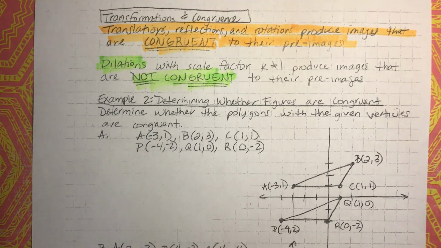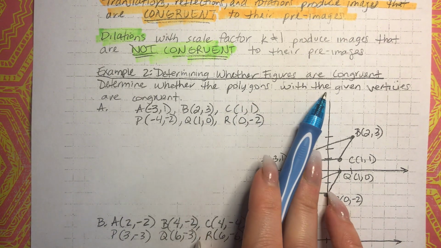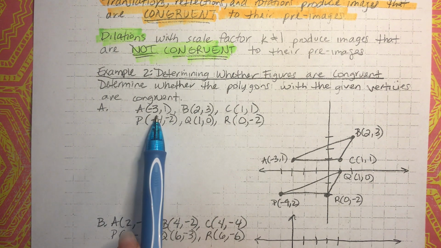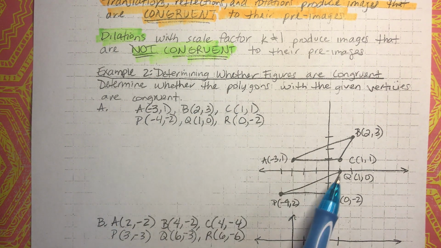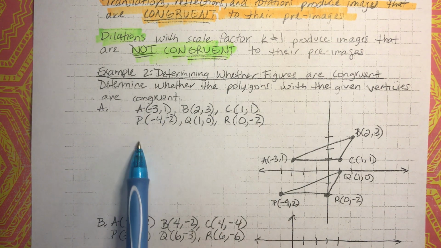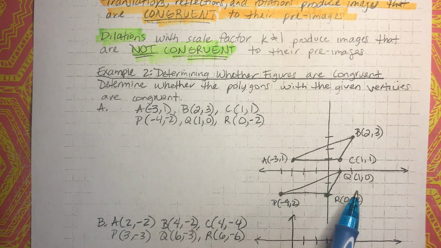So example 2 states, determine whether figures are congruent. Determine whether the polygons with the given vertices, A, B, C, so we have right here A, B, C, is congruent to P, Q, R. What do you think?